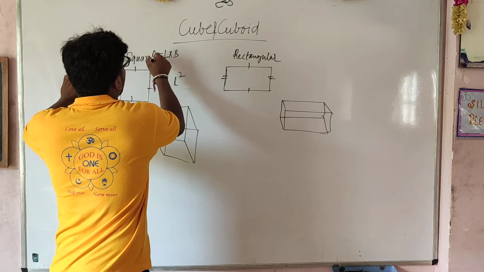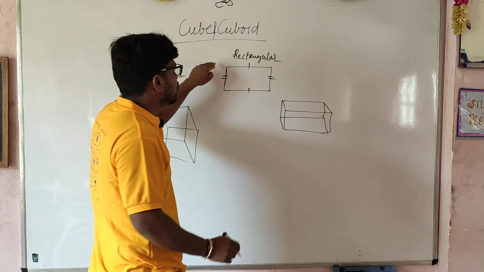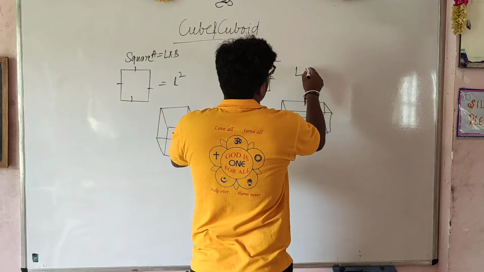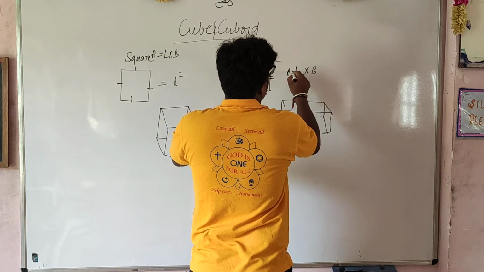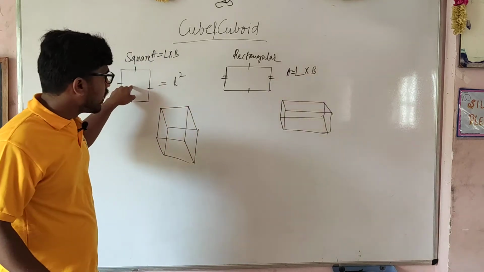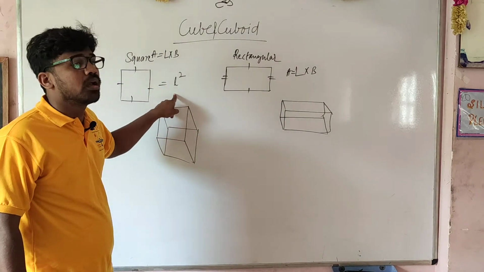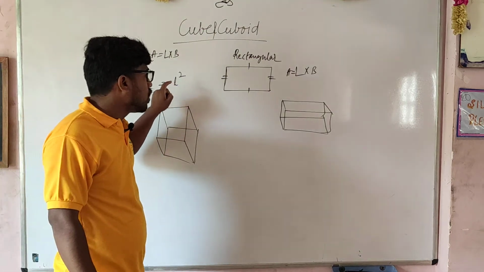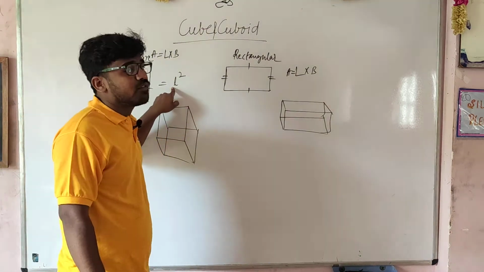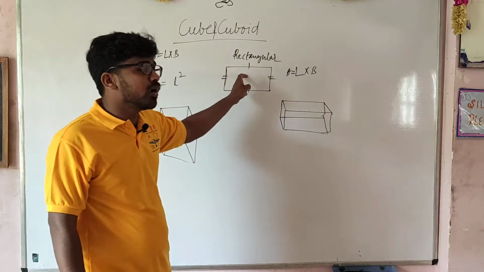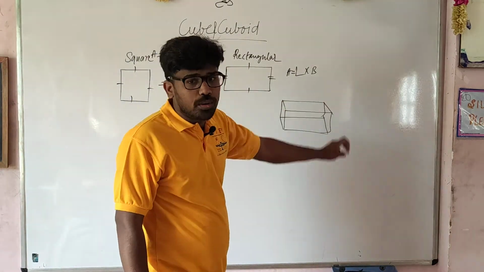So the area of the square is L square, and in a rectangle it is L into B.